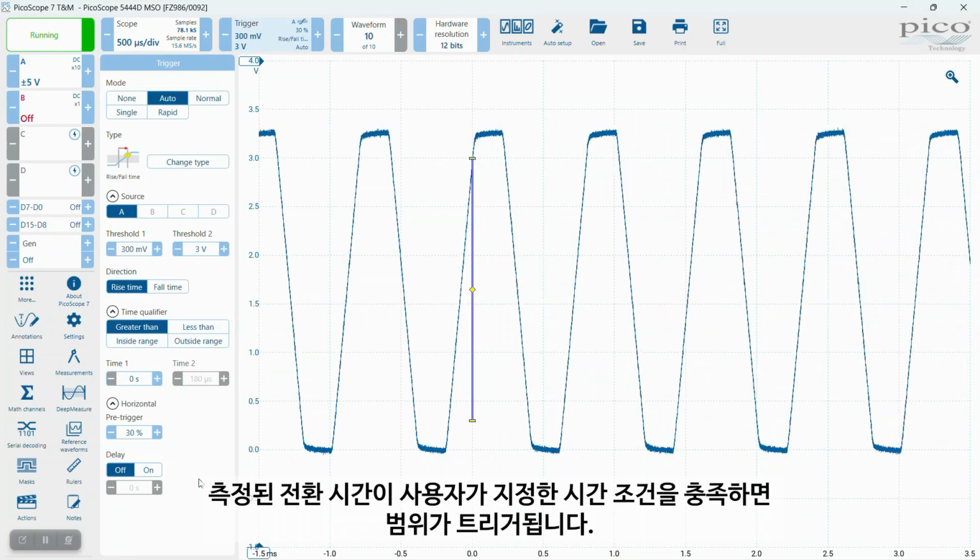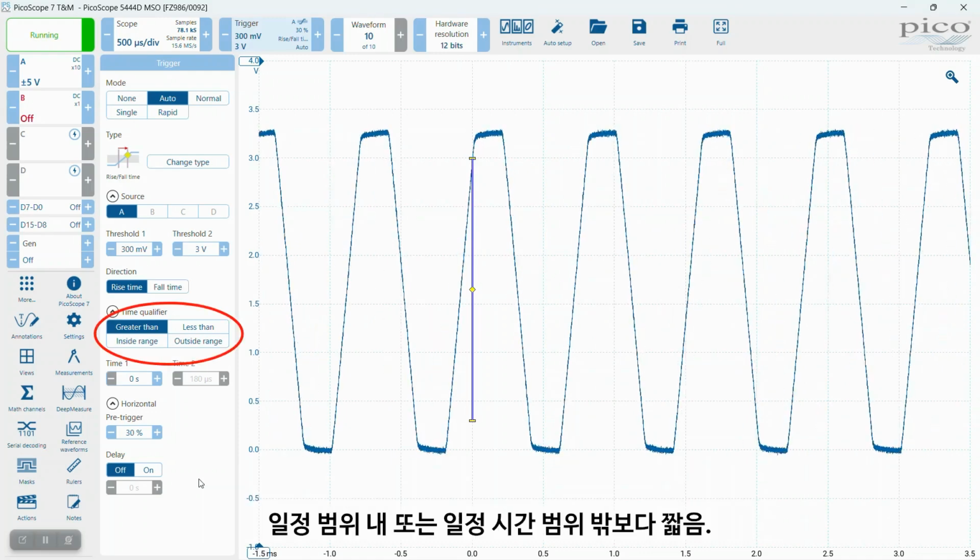The scope triggers when the measured transition time meets a user-specified time condition. These are greater than, less than, inside a range, or outside a range of times.